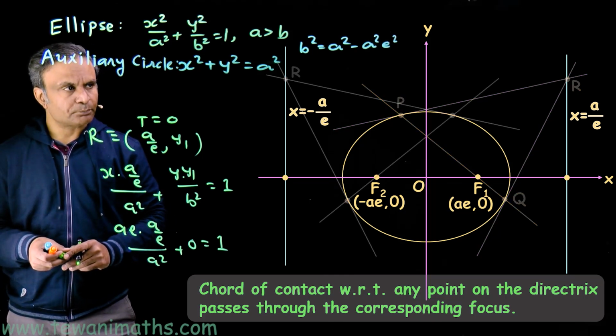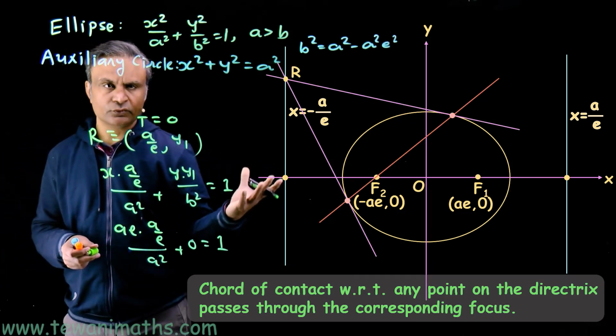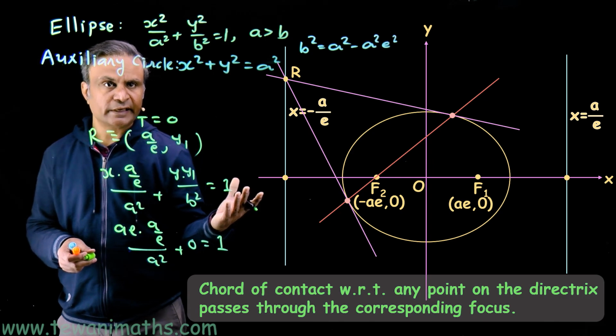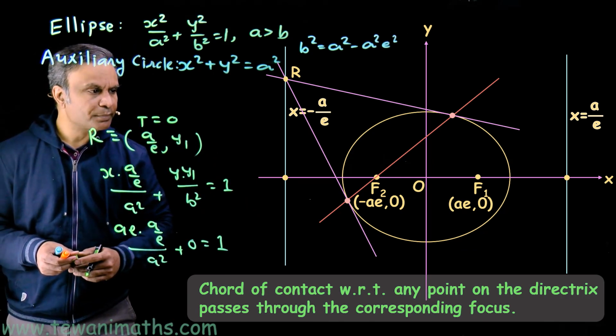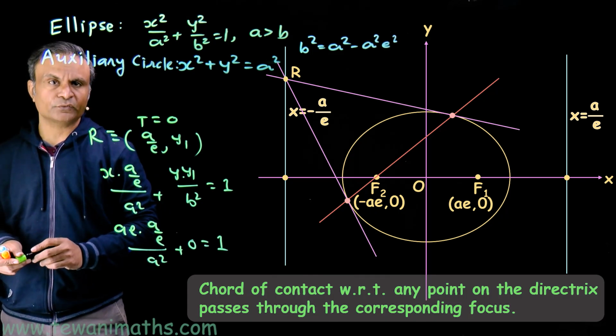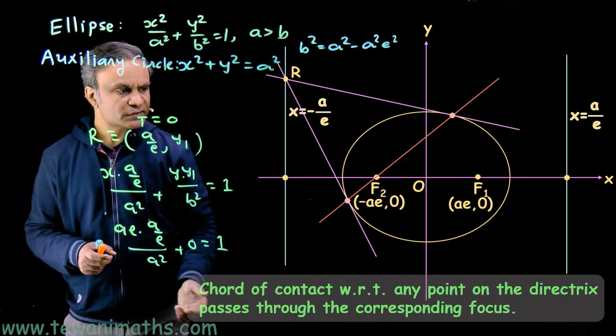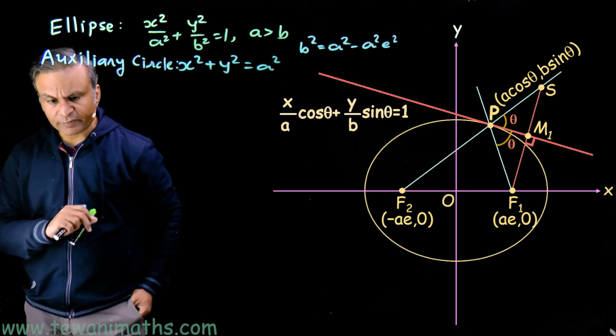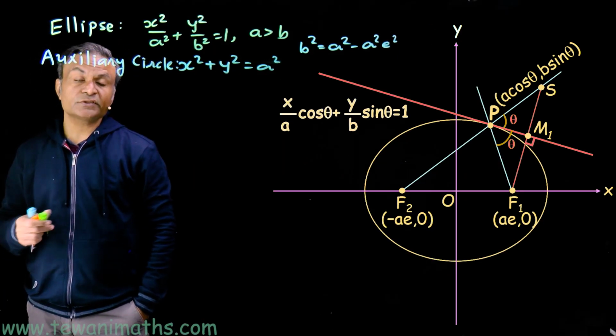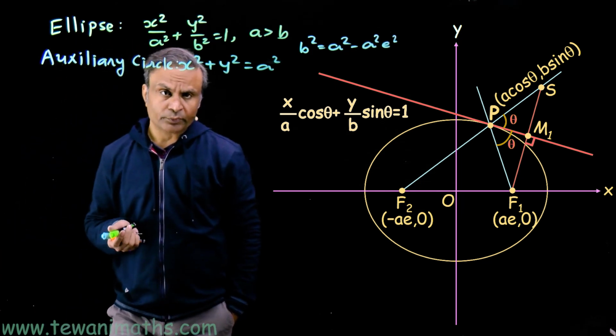And if we take a point on the directrix x is equal to minus a upon e, then the chord of contact corresponding to this point will pass through focus F2. Here F2 is the focus corresponding to this directrix. ठीक है ना? Okay, now we have one very interesting property of tangent which defines the reflection property of the ellipse.